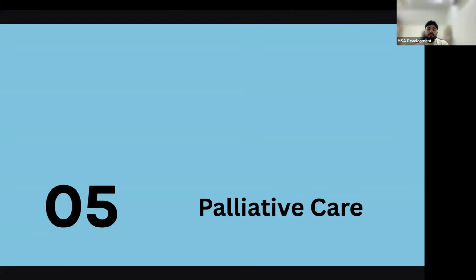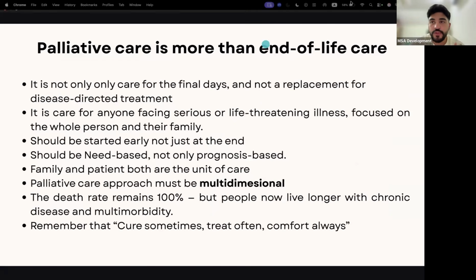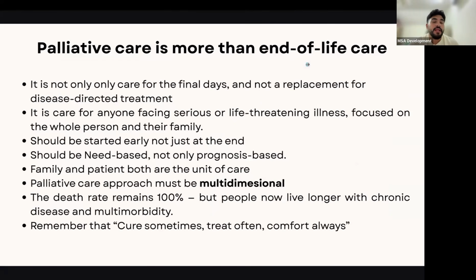Now we move on to our final lecture for this session, which is called palliative care. Now, I know it's a bit wordy, but I'm just putting all the important things in one slide for you here that you can pick up.